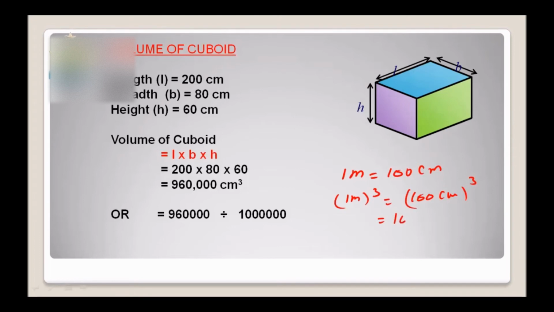Cube means we will multiply 100 3 times and we get 1,000,000 centimeter cube. So we have to divide this number with 1,000,000 so that we get 0.96 meter cube.